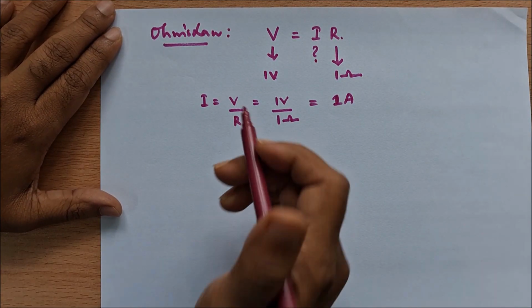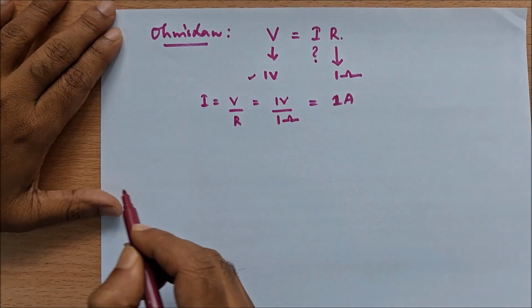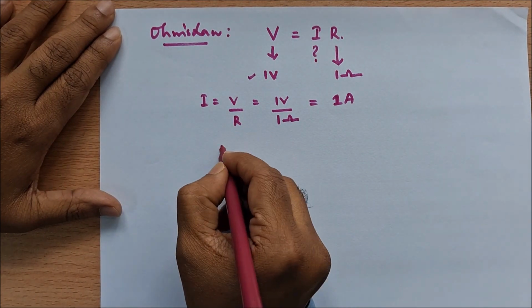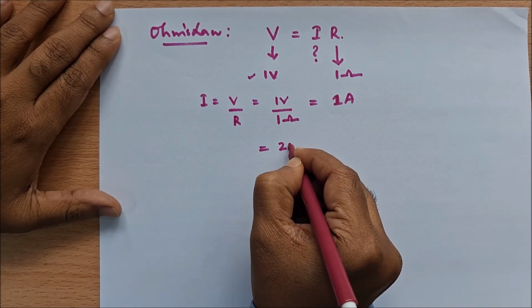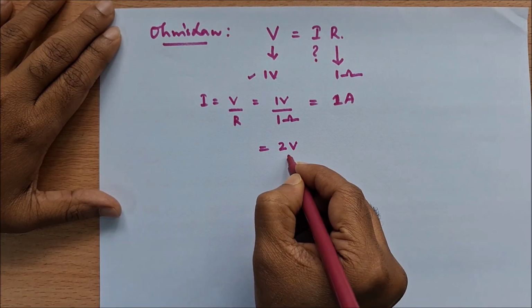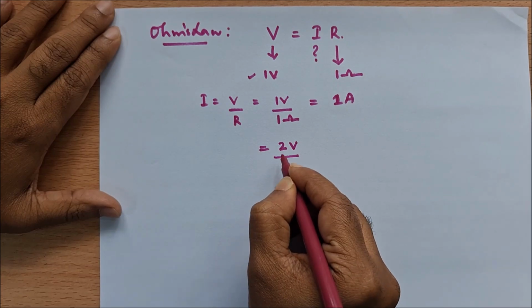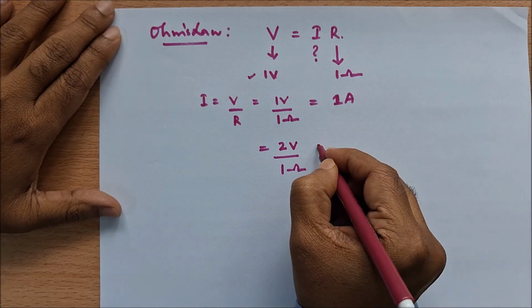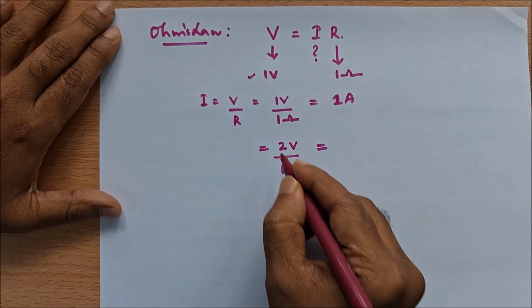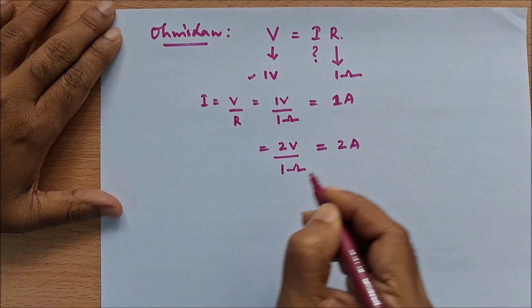Now what will happen if I increase the applied voltage from 1 to 2 volts? Again, if I increase it from 1 to 2 volts, keeping the resistance the same, then it is 2 volts divided by 1 ohm, which is again 2 amperes.